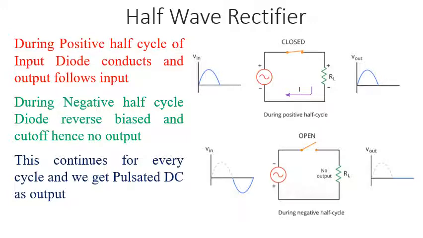During positive half cycle, you can see all the values I apply will start from 0, go to V maximum, that is the positive peak value, and come back to 0. All the voltage values I am applying to the diode contain only positive values. So this cycle I call a positive half cycle. Suppose a positive value is applied to the diode.